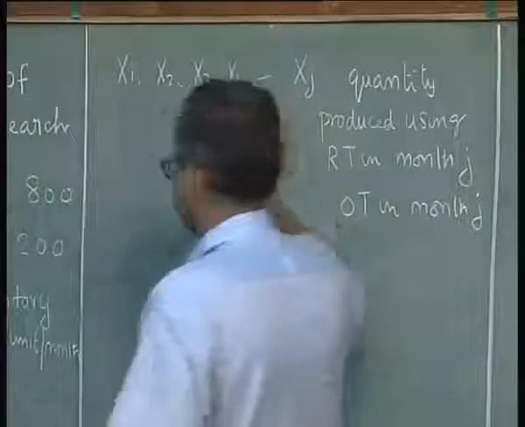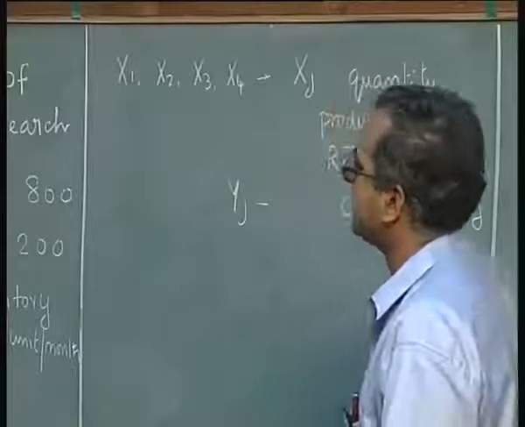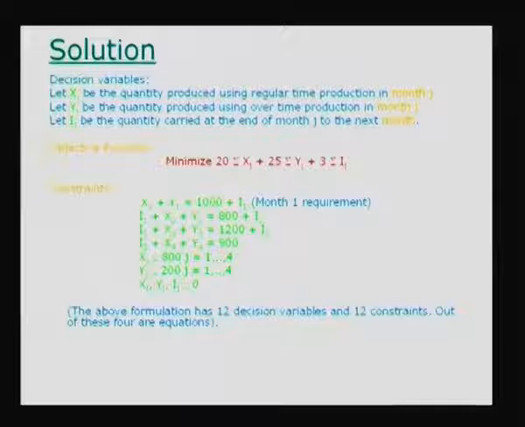These are our decision variables, xj and yj, the quantities that are produced. Now, let us first write the constraints. In fact, it is important first to define the decision variables, then to write the objective function and the constraints. You can sometimes write the constraints first and then the objective function. You can write the objective function and then the constraints, and then explicitly state the non-negativity. So, in this example we will try to write the constraints first.